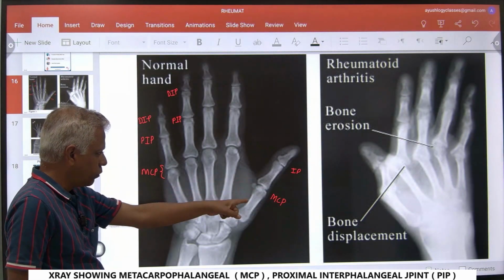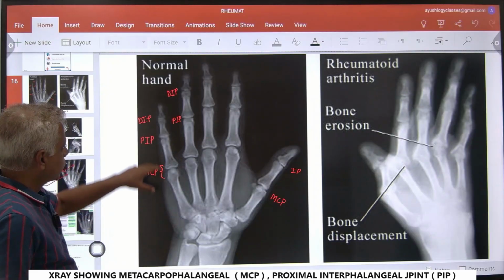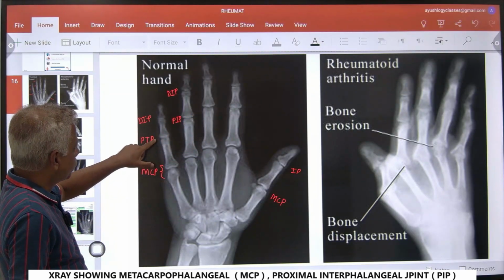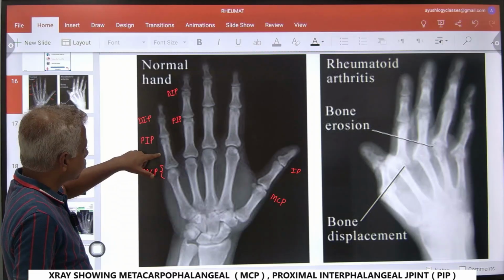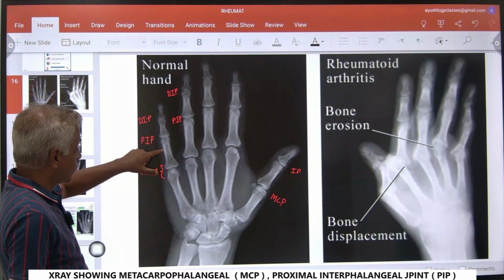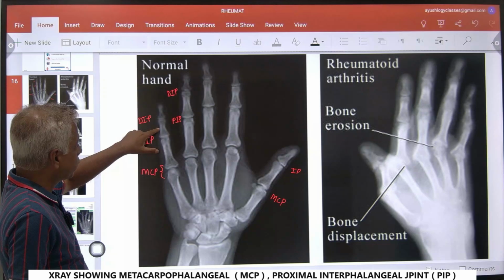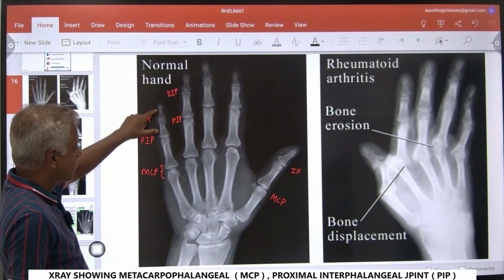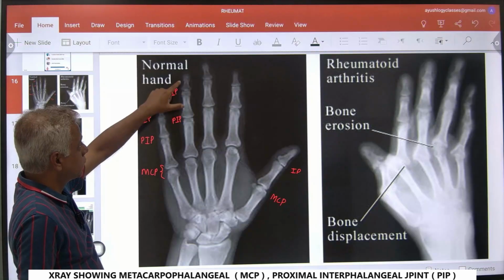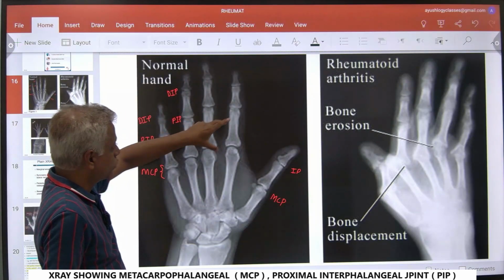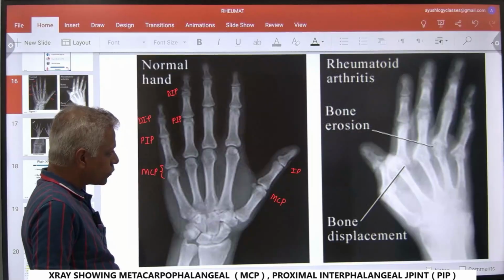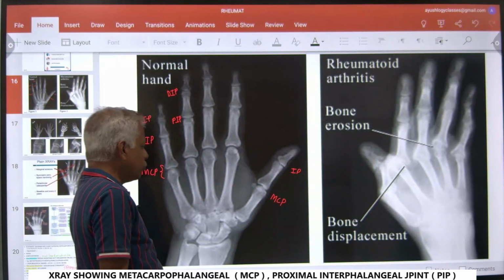Here we have a thumb, and in each finger we have 3 bones, phalanges rather: the proximal phalanx, middle phalanx and distal phalanx. Here also we have a proximal phalanx, middle phalanx, distal phalanx, like that in both these fingers. And in the thumb we have only 2 phalanges.